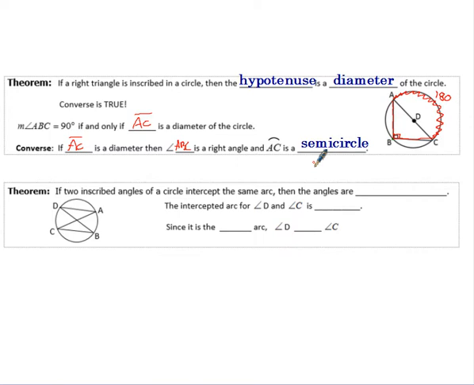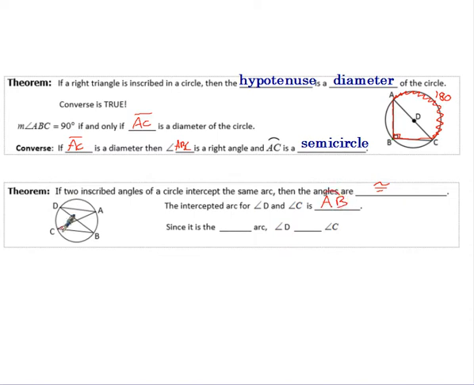Another theorem is that if two inscribed angles of a circle intercept the same arc, then the angles are going to be congruent. So in this example here, we sort of have like a little bow tie inside of a circle. It says that the intercepted arc for angle D and angle C is going to be AB.